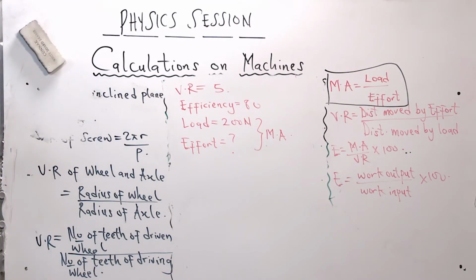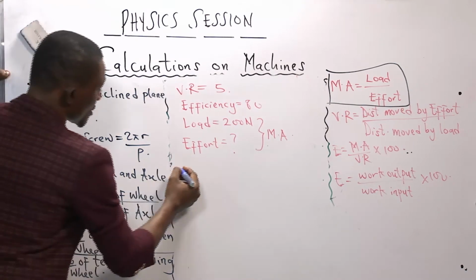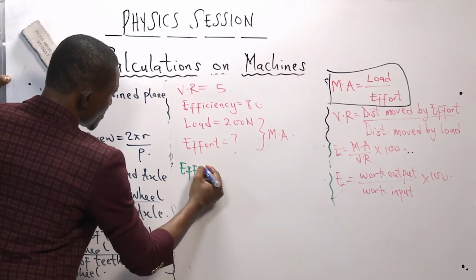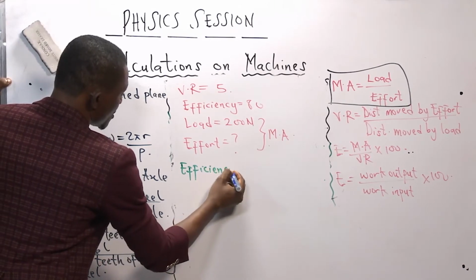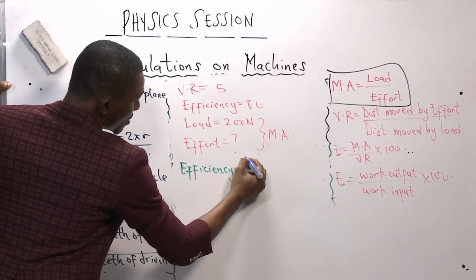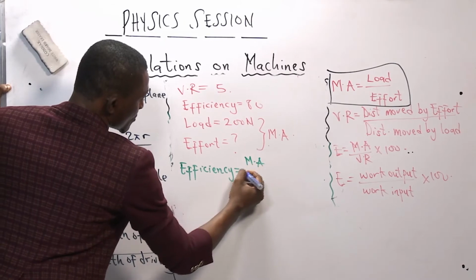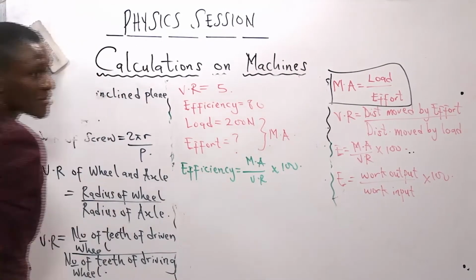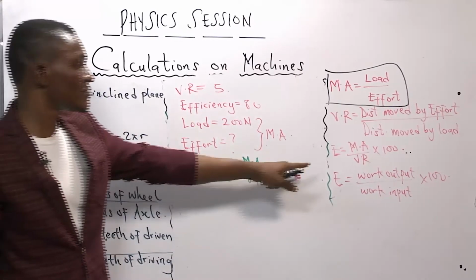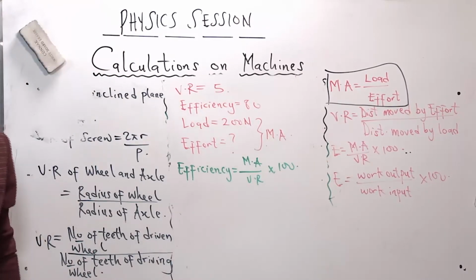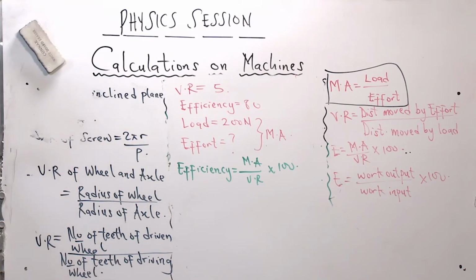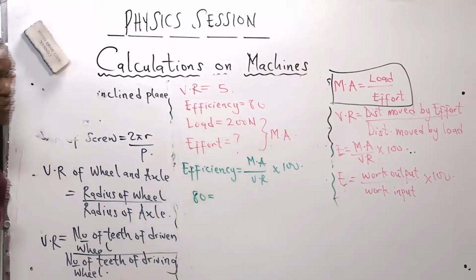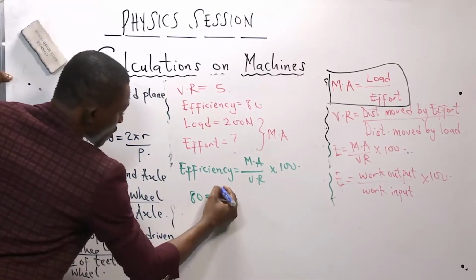And how do we calculate the mechanical advantage of the system? We simply use the formula that efficiency is equal to MA over VR times 100, right? This formula here, efficiency is equal to MA over VR times 100. So our efficiency is 80, is equal to, MA is what we are looking for, right?